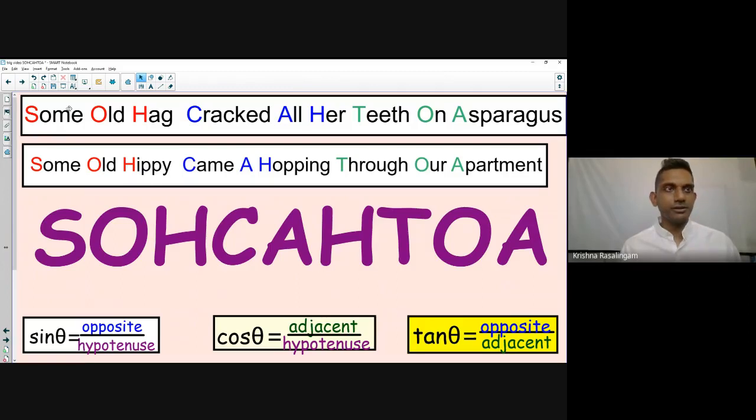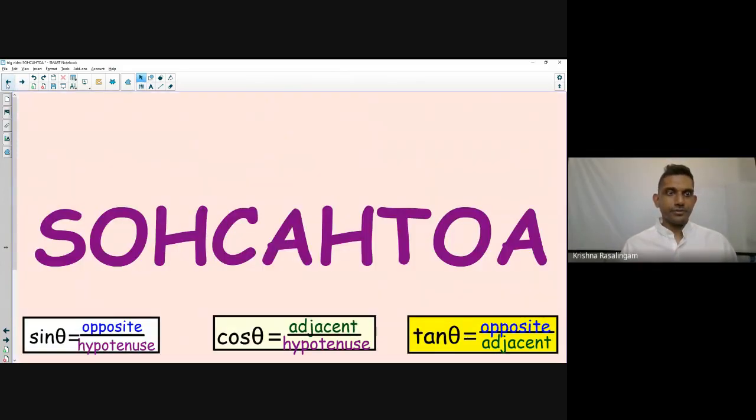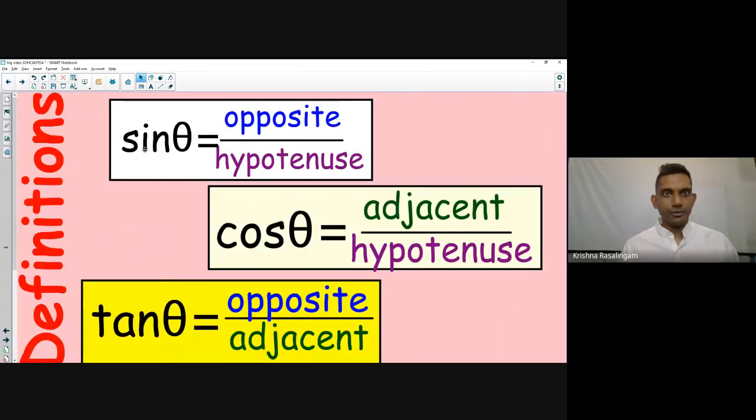So I'm going to move on now to what I describe as the 3 cases. So if I go back a slide, the 3 cases that will occur will be when we're trying to find the angle, when we're trying to find the top of the fraction, or when we're trying to find the bottom of the fraction. The three cases I'm about to explain are not sine, cos, and tan.